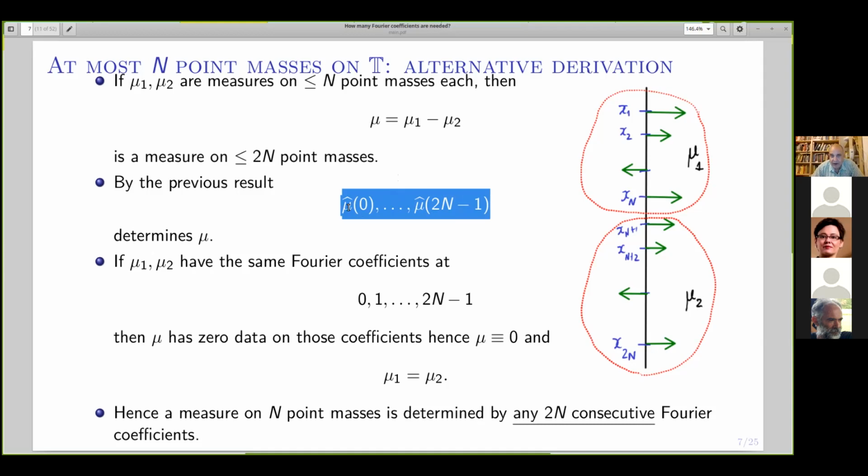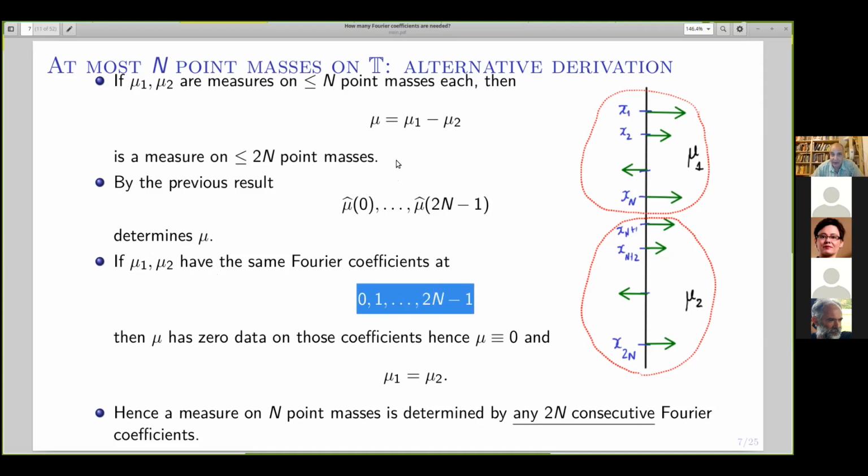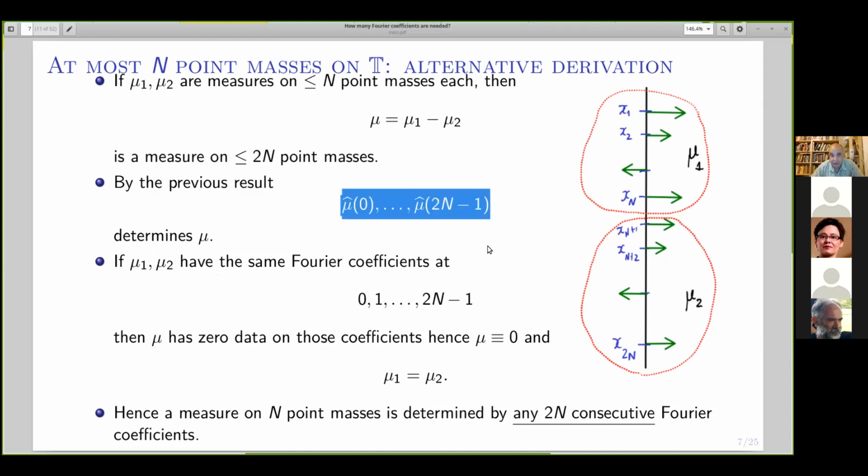So the c_j are all determined by this. So if we assume that mu1 and mu2 have the same Fourier coefficients here, then mu has 0 Fourier coefficients here. So the coefficients of mu would be identically 0, which means that the original measures, mu1 and mu2, were the same measure. So this is a very easy trick.